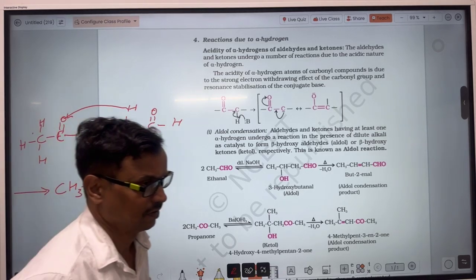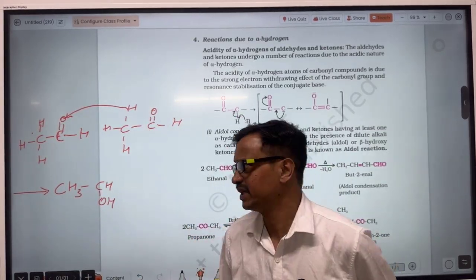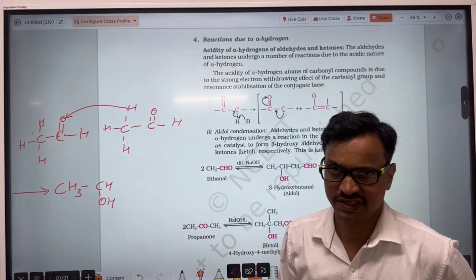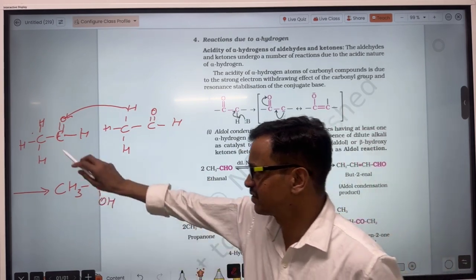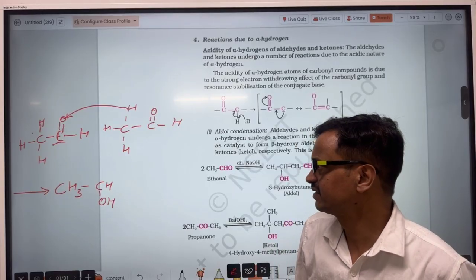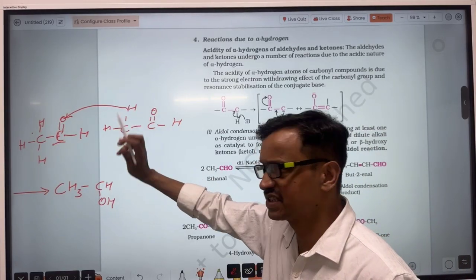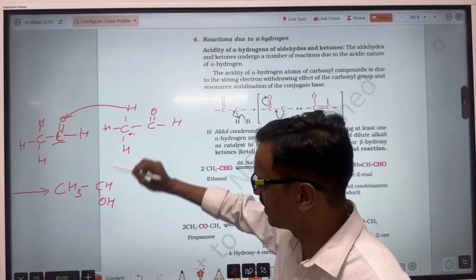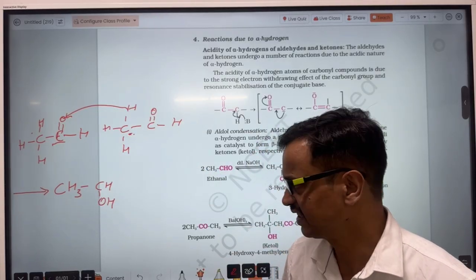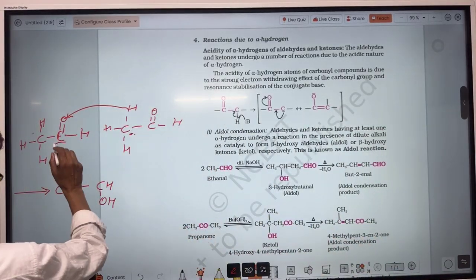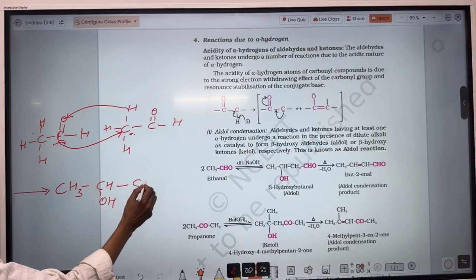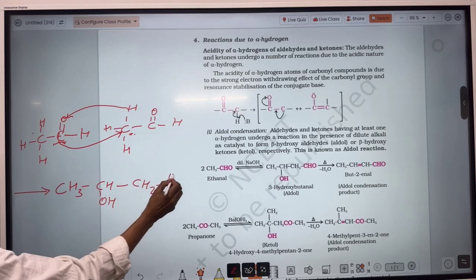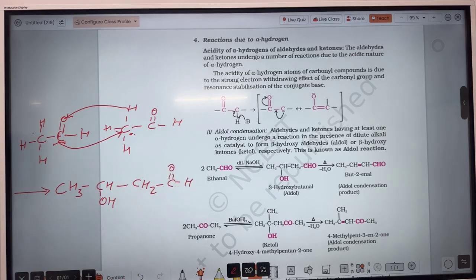When the hydrogen bonds to that oxygen, there will be a single bond formation between the oxygen and the hydrogen. The valency of this carbon atom becomes unsatisfied, since the hydrogen has gone from this carbon. So this carbon will get bonded to this carbon. So here will be the product, and this is called aldol.